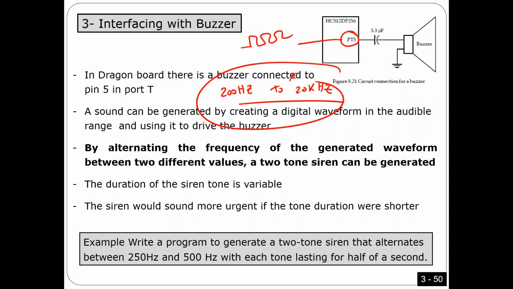So in order to make a sound, all I have to do is generate a square wave, and that's what I explained last time, so it shouldn't be difficult. You just have to consider the correct frequency, and every frequency is going to make a different tune.